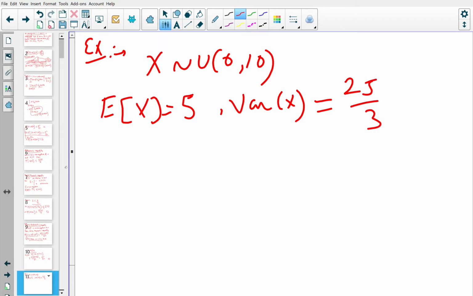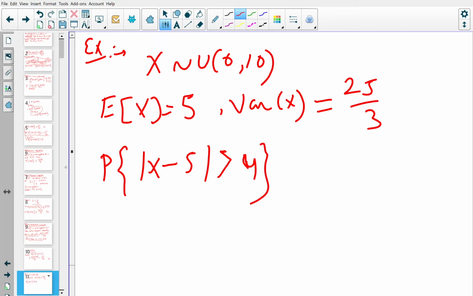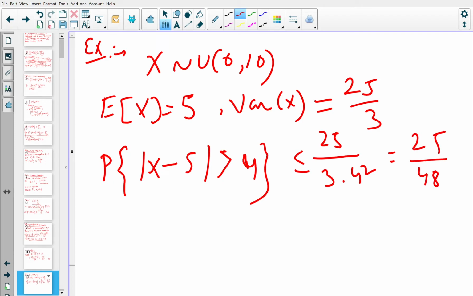And then the Chebyshev inequality tells you that the probability that mod of x minus 5 is greater than 4, so let me write down k equal to 4 here, is bounded by the variance 25 by 3 divided by 4 square, which is nothing but 25 by 48.